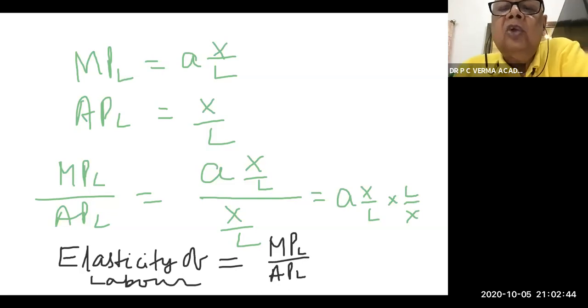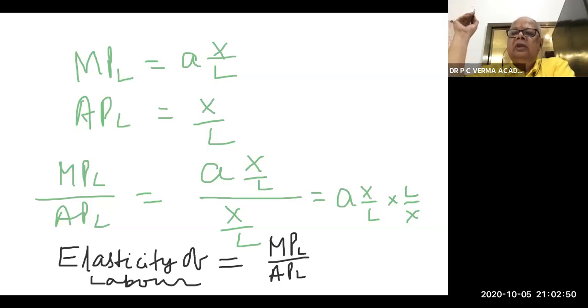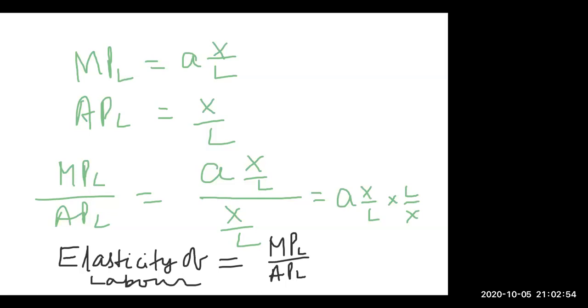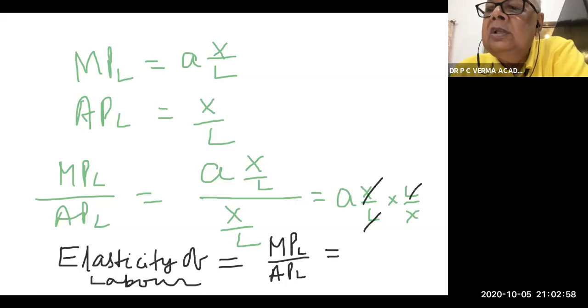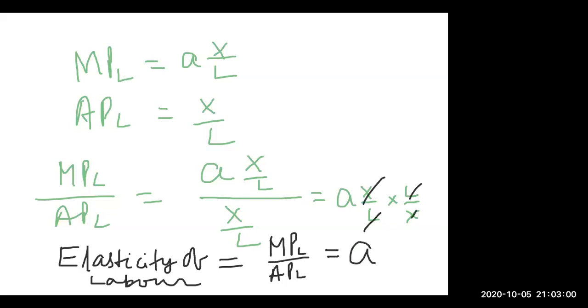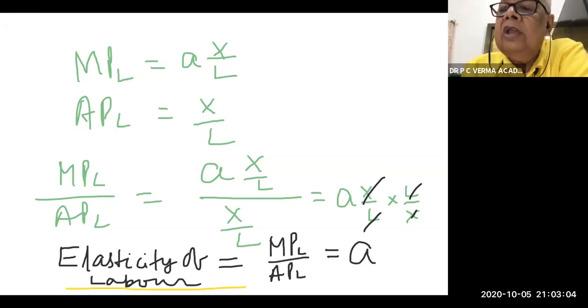This is the formula for elasticity. The elasticity of labor formula is marginal productivity of labor by average productivity of labor, which is equal to, this is cancelled, alpha. This is the final result.